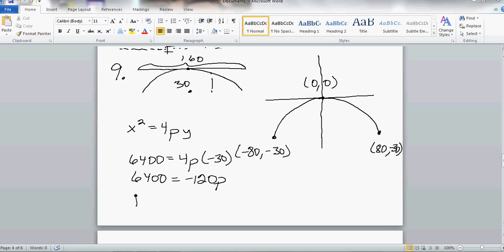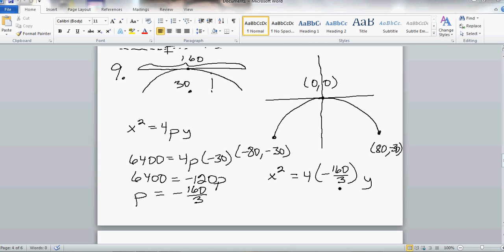If we divide both sides by negative 120, then p becomes negative 160 over 3 when it's all simplified. So our equation now becomes x squared equals 4 times negative 160 thirds, y, because I've centered it, which makes my life a whole lot easier.